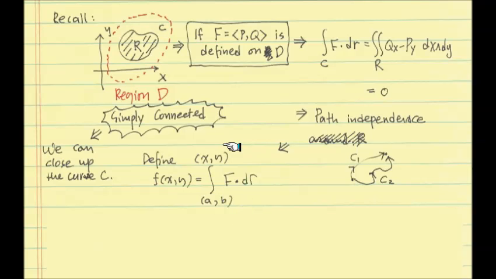If you take the derivative, you can check that it has partial derivatives P and Q. So that realizes capital F as a gradient vector field. That was the outline. Think about where simple connectedness kicks in: when you pass from the line integral to the surface double integral, it requires that the vector field is defined everywhere inside what is closed up by the curve C, and that's where we use it.